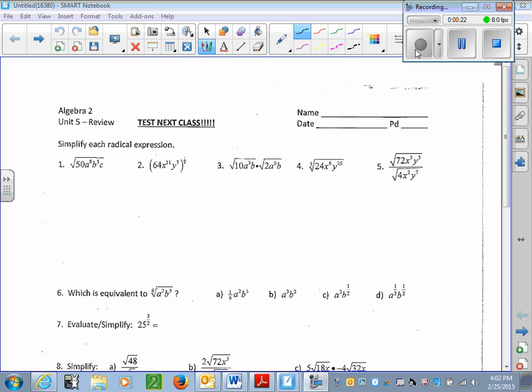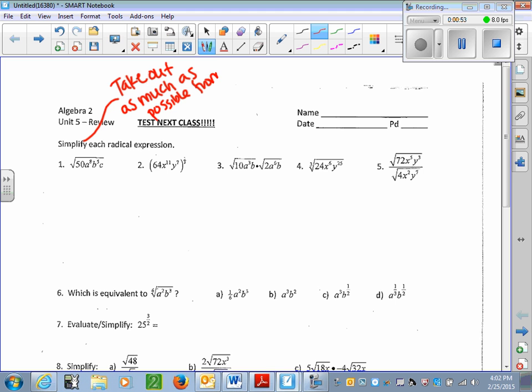Some of these are a little hard to read on this screen, but you have the handout, so you should be able to see them. Okay, so number 1, all I'm doing when I'm simplifying, and remember we rewrote this in class in non-math terms, is taking out as much as possible from under the radical, which is really our radicand, right?